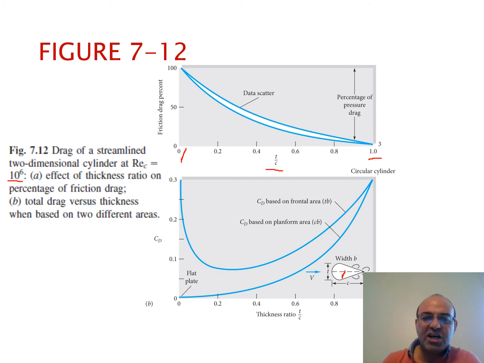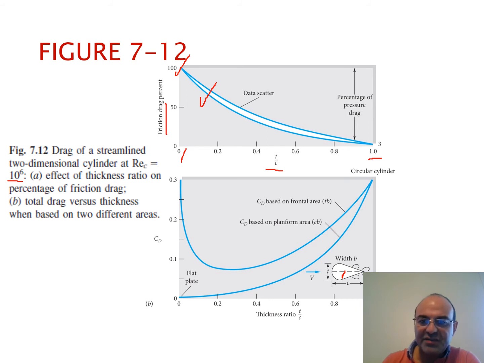So now let's see the contribution of friction and pressure drags. When T over C is equal to 0, you have a flat plate, and 100% of the drag is because of friction drag. As T over C increases, the effect of the pressure drag kicks in.